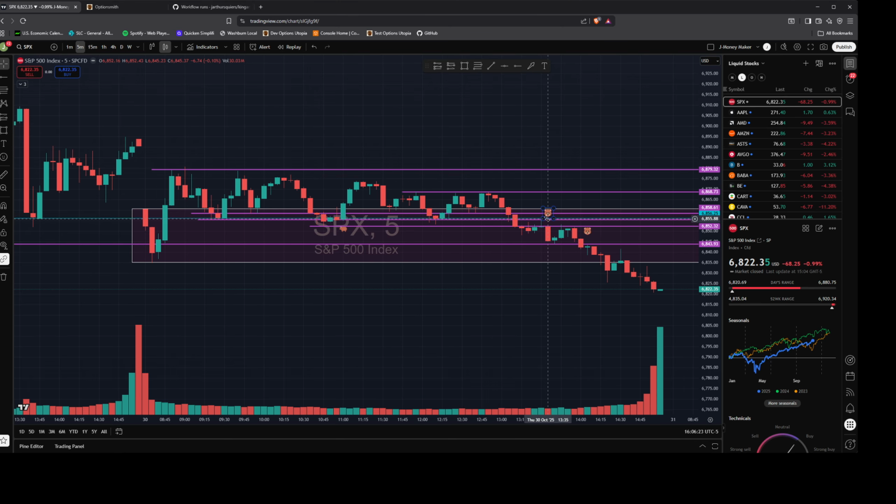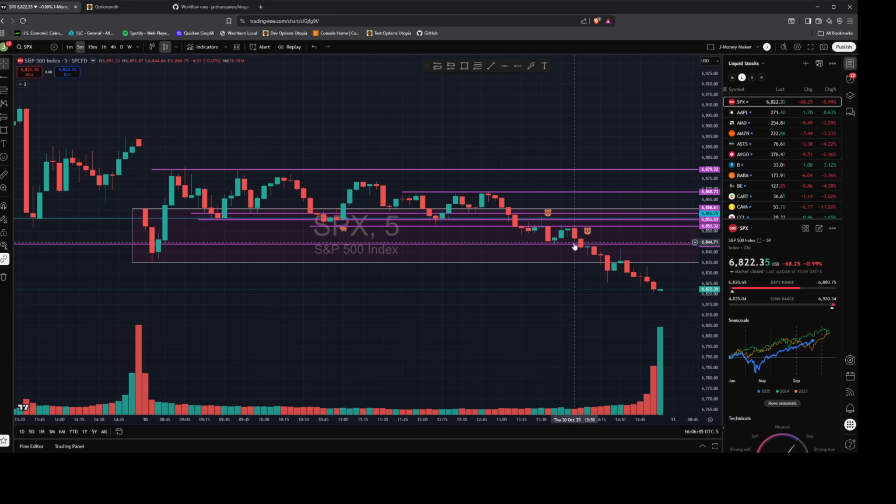And in this scenario, I don't think I would have gotten out, and I would have just stayed in for a profit. So I'll have to analyze that a little bit and see if it's better to be at a 50 or 100 stop there. But anyway, I took a small loss on that one.